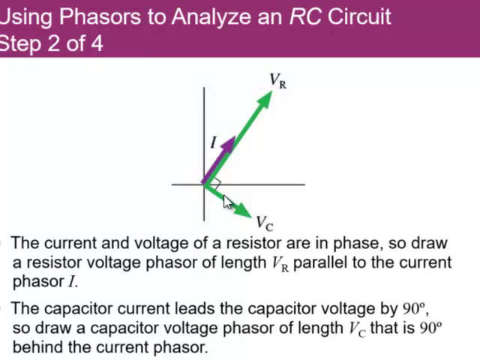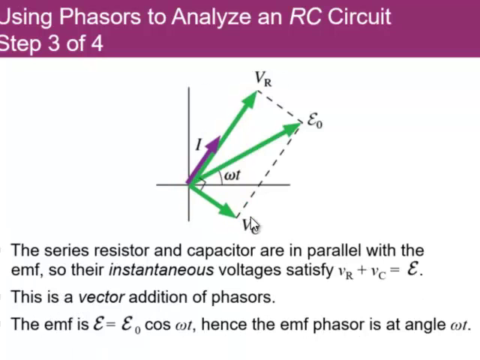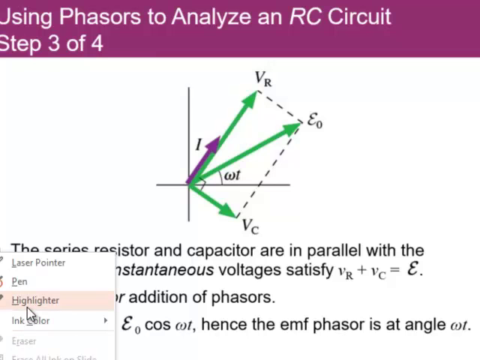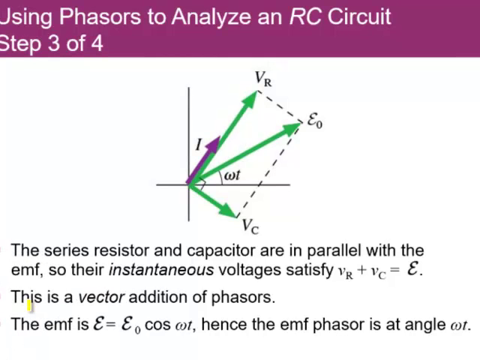All right, so this is the voltage across the resistor, and this is the voltage across the capacitor. When we combine these two, we add the vectors, and this is where the phasor technique becomes really useful, because we know how to add vectors. We take these two vectors, VR and VC, and we combine them as vectors, so we end up with this vector.